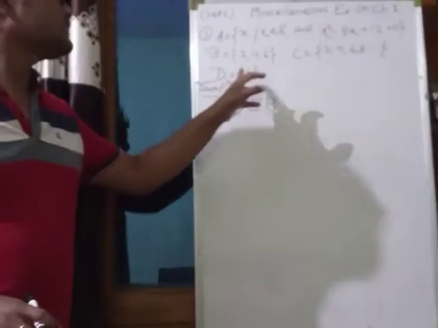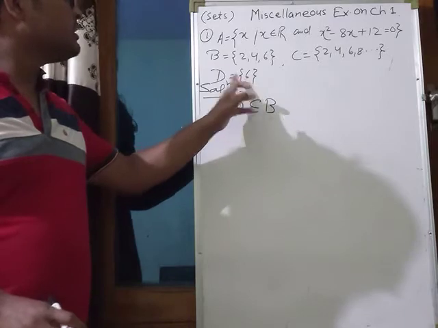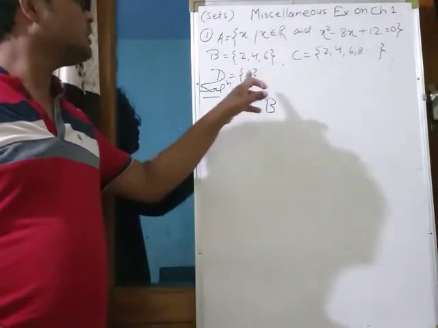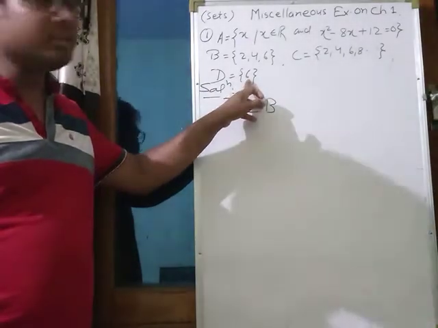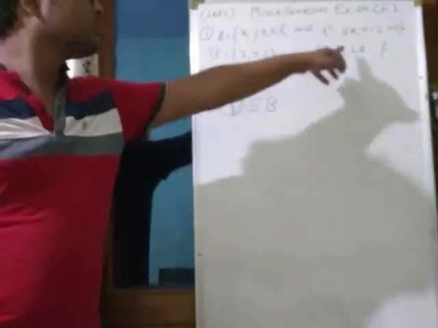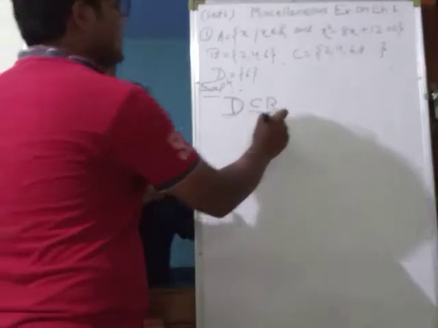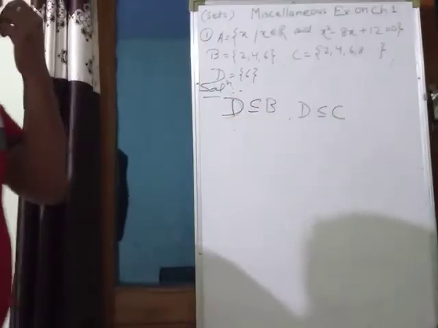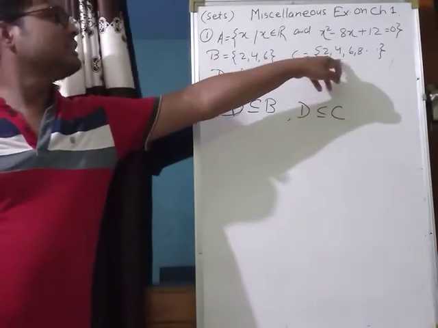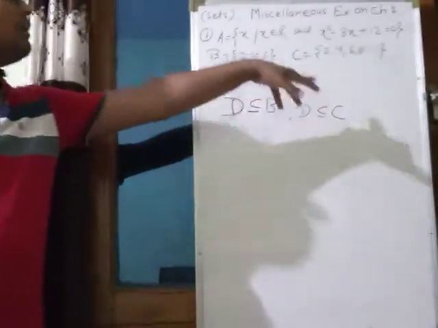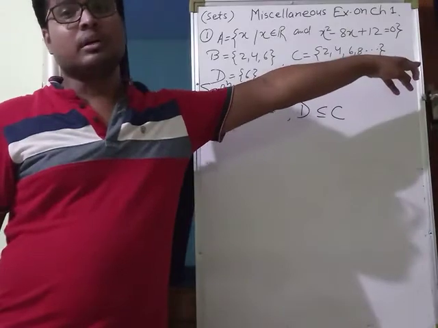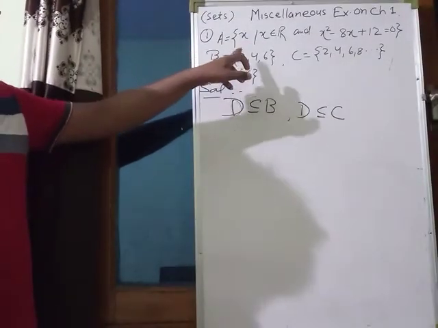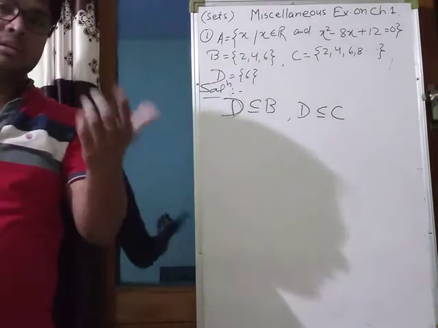Okay. Also you can see each element of set D belongs to set C, because there is only one element in D and it belongs to C also. So clearly D is also a subset of C. Now you can see C is the collection of all even natural numbers, and B contains 2, 4, 6, which are even natural numbers.